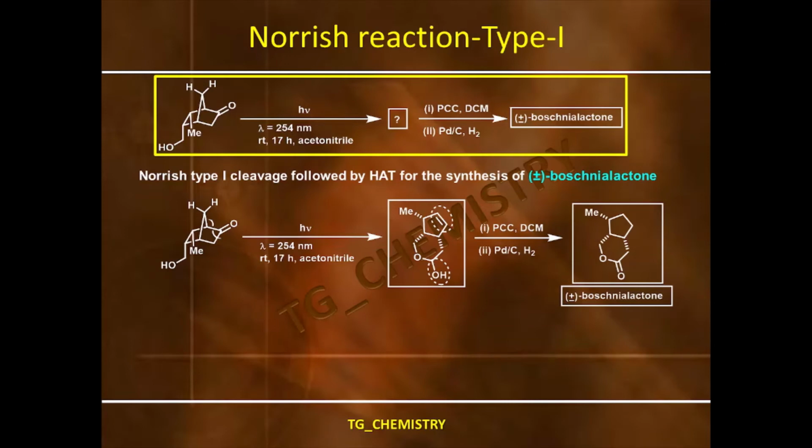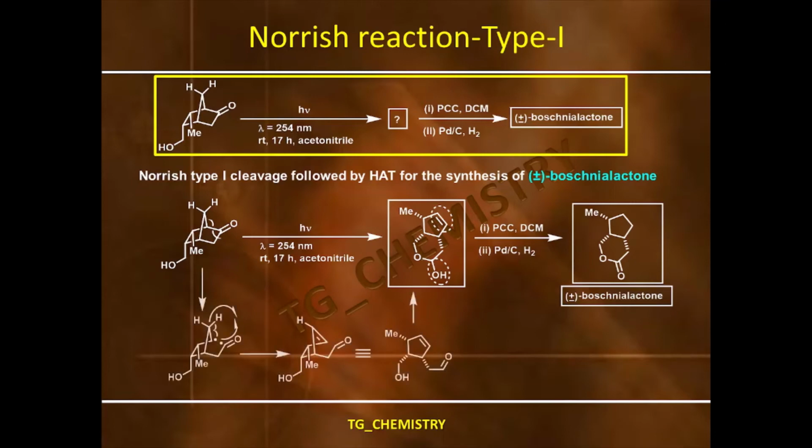If we fill in the middle position, that is the structure of the compound initially formed by the photoirradiation on the bicyclic ketone substrate, you can see here a pyran-2-ol system fused with a cyclopentene system, and this will be the intermediate which eventually leads to the bosniolactone natural product by means of two steps, oxidation followed by reduction.